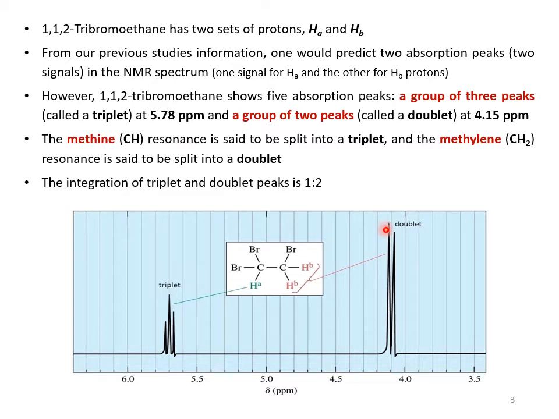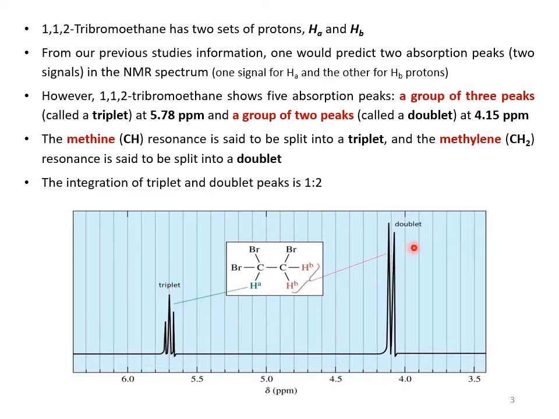Here you can also see the heights of the signals. Since the signal for the methylene proton has two protons, the height of the signal for methylene is almost double the height of the signal for the methine proton.